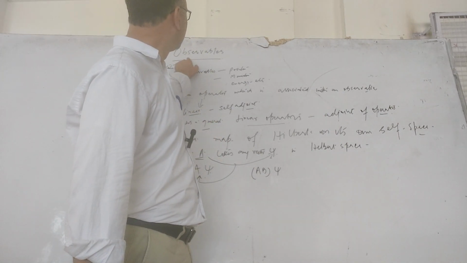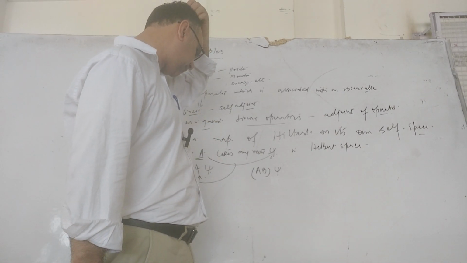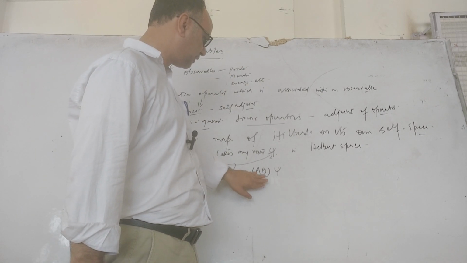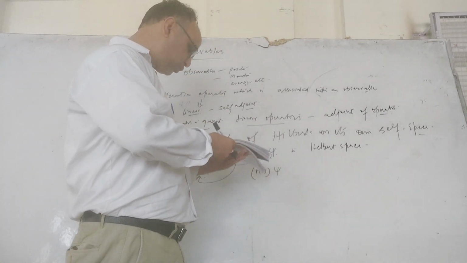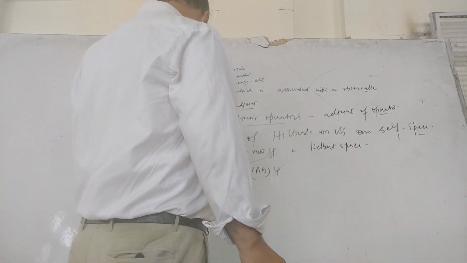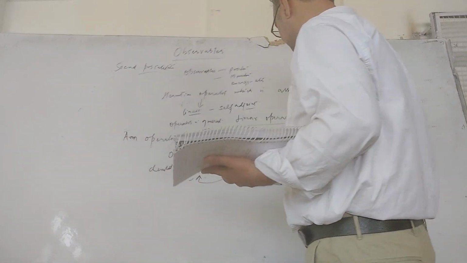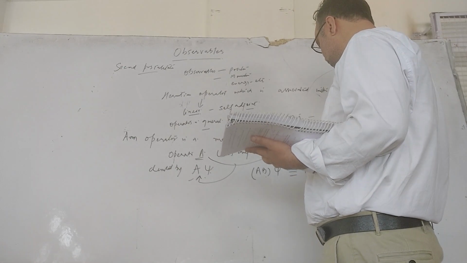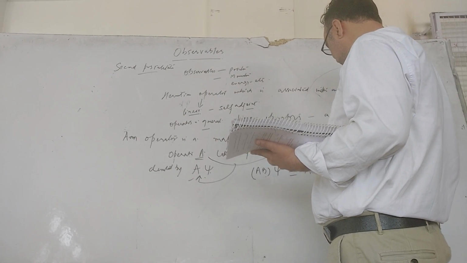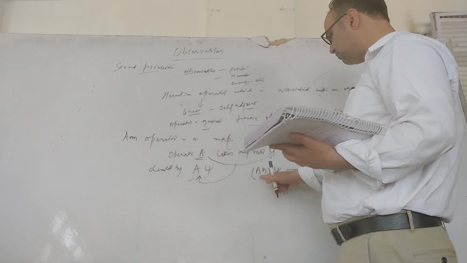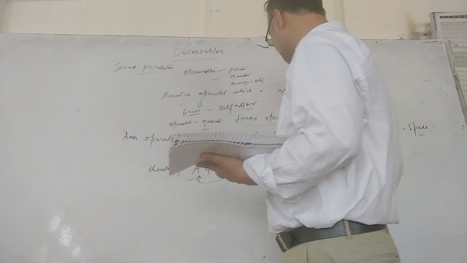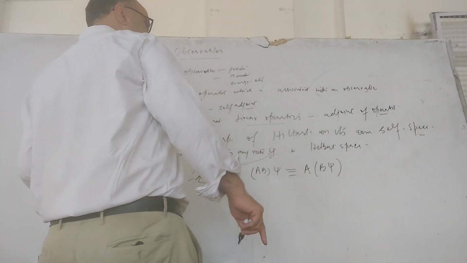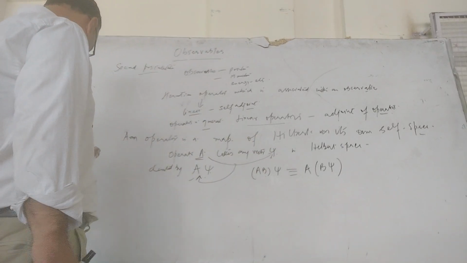In this class, we are seeing how observables can be related with operators and how they are related with states. These two operators act on this state, and it should not change anything.